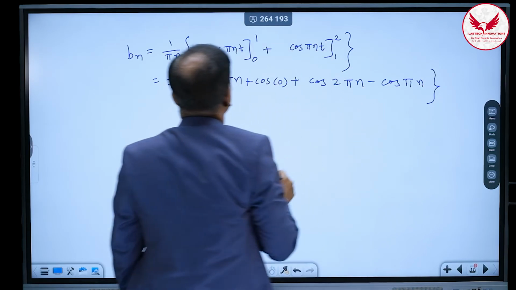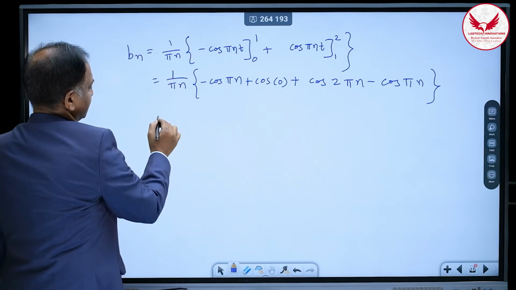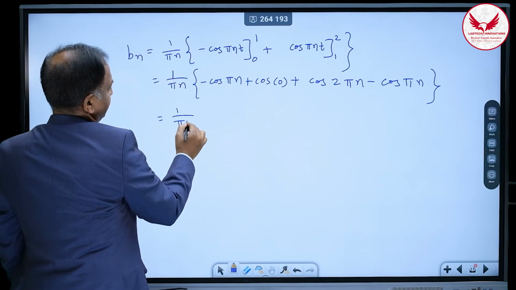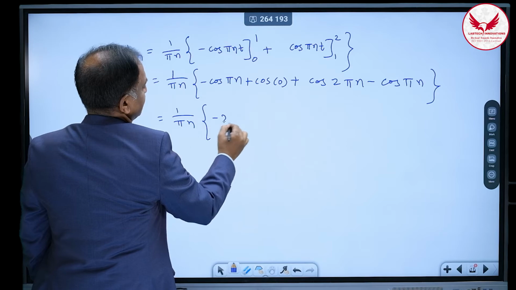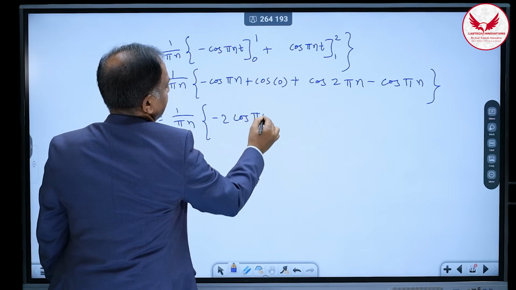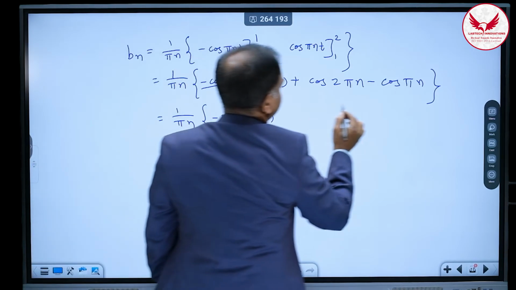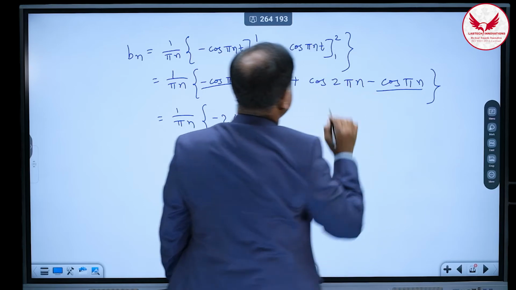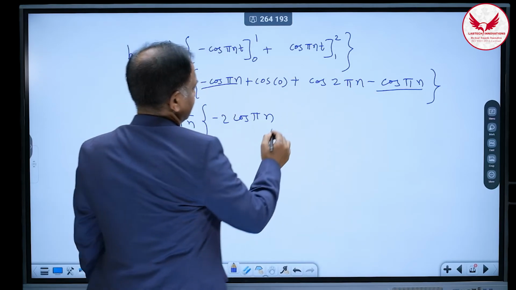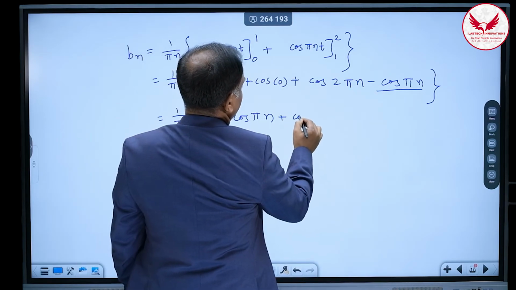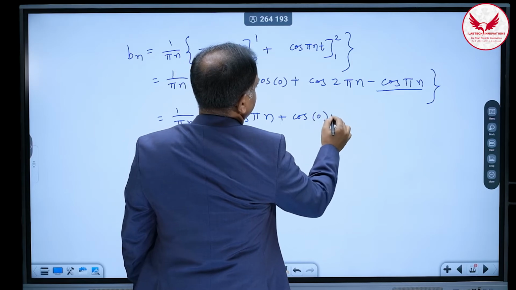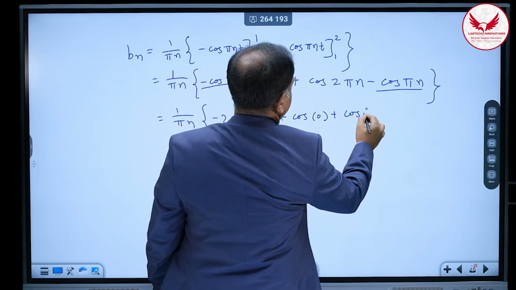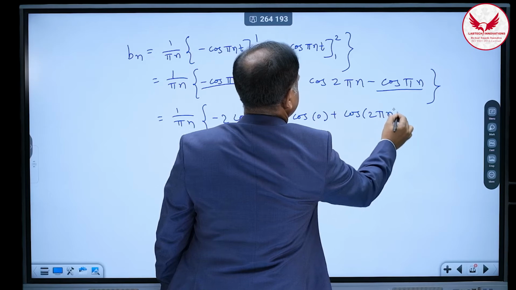If you look, there are two cos pi n terms, so this is equal to 1 upon pi n into minus 2 cos pi n, this minus cos pi n and this minus cos pi n, plus cos of 0 plus cos of 2 pi n.